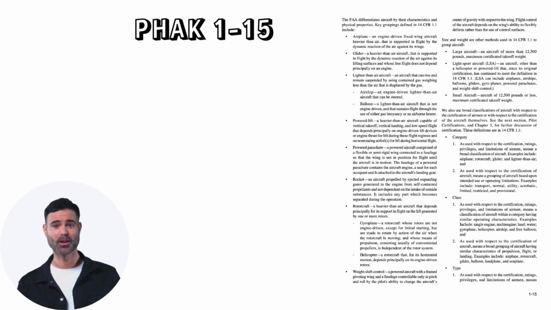We also use broad classifications of aircraft with respect to the certification of airmen or with respect to the certification of the aircraft themselves. See the next section, Pilot Certifications, and Chapter 3 for further discussion of certification. These definitions are in 14 CFR 1.1.